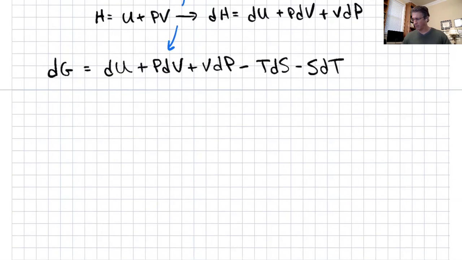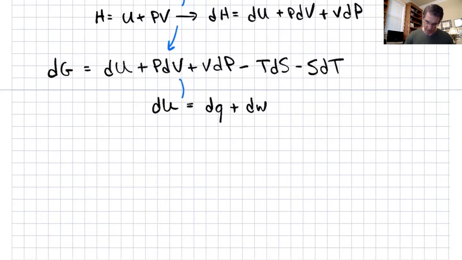Let's go back to our definition of the first law, which you hopefully all remember: energy is conserved. The differential change in the internal energy is equal simply to the differential change in any heat gained or lost, plus the differential change in any work done on or by the system. Good.